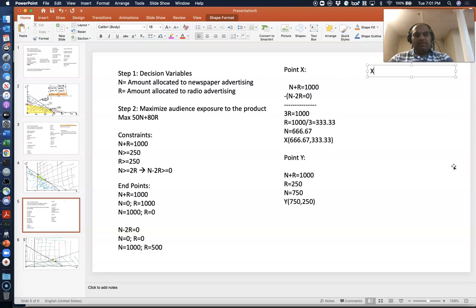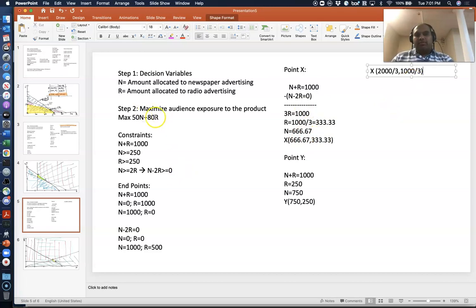So point x, which is let me just say 2000 divided by 3 comma 1000 divided by 3. That's what we have. So this is 1000 divided by 3 and n is 2 times that, so it'll be 2000 divided by 3. So that's the value.